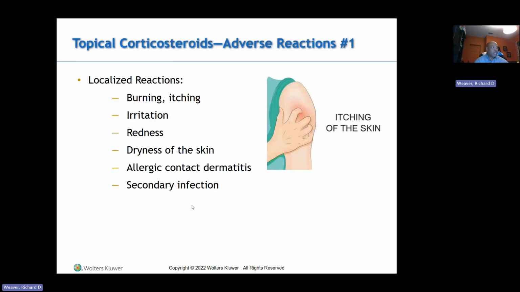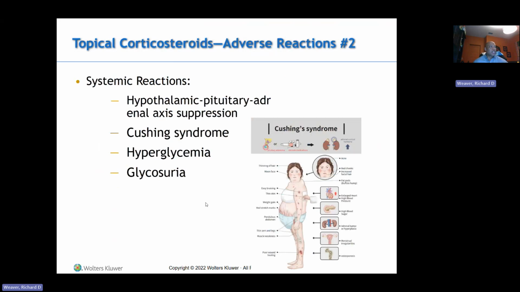So we talked about the local reactions, and so this is what the systemic reaction looks like. And so when it talks about the hypothalamic pituitary adrenal axis suppression, you have to think about what the adrenal glands do. The adrenal glands produce salt hormones.